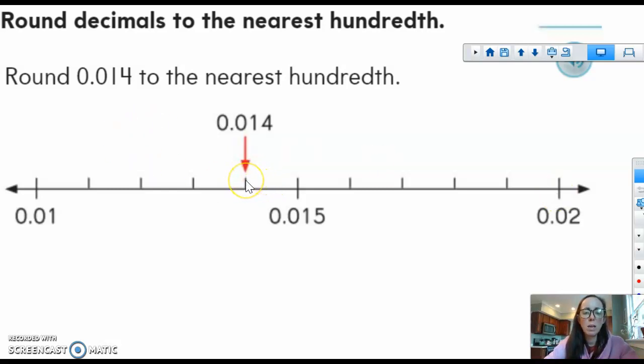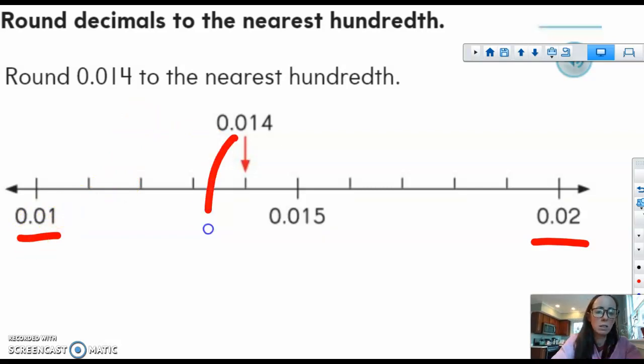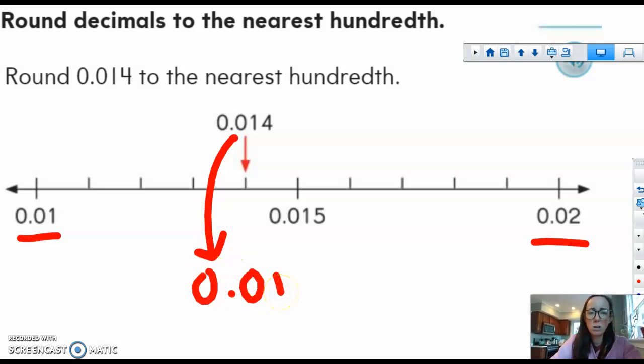This spot right here is 14 thousandths. So I'm deciding, am I closest to my 1/100th or 2/100ths? We can visibly see that 14 thousandths is closest to this side of the number line, meaning that if I rounded this, it would round to 0 and 1/100th.